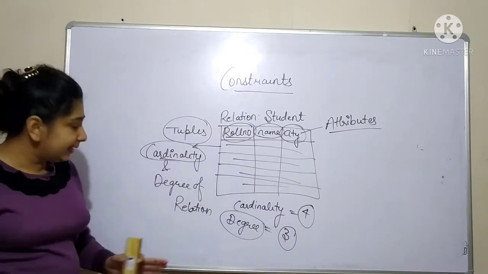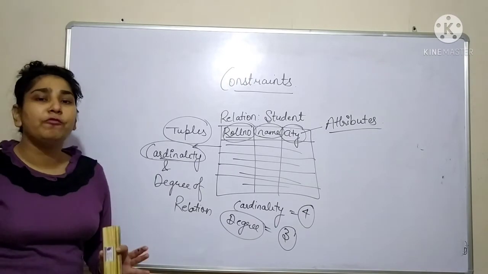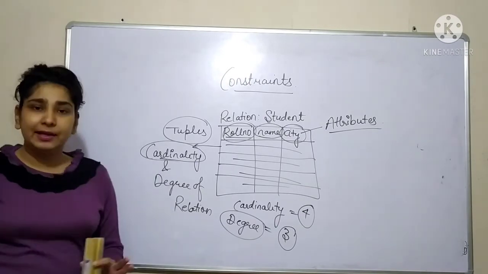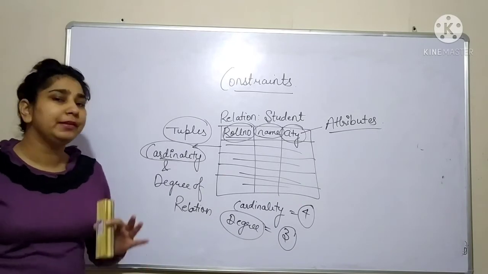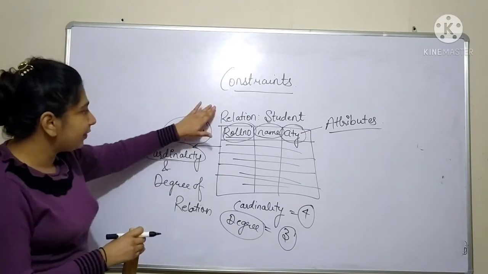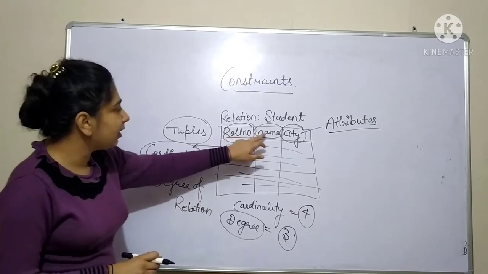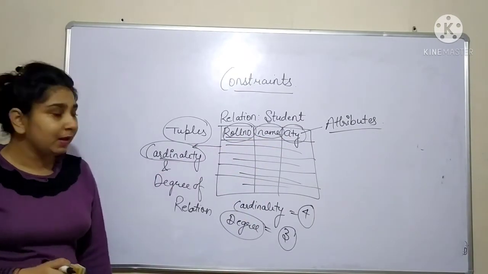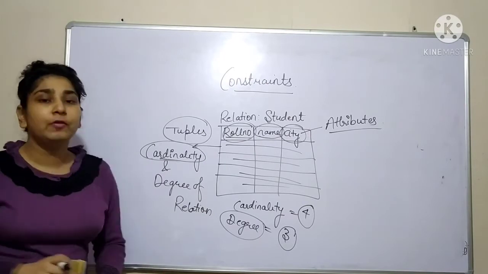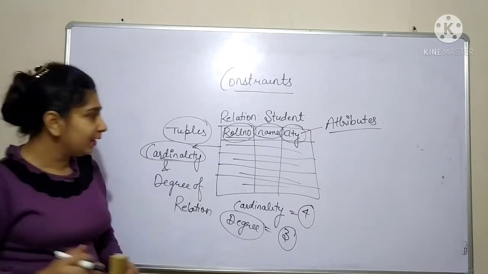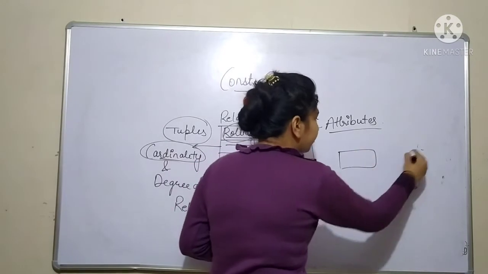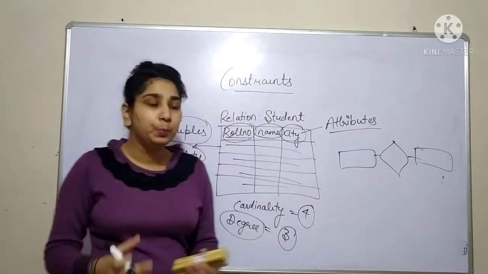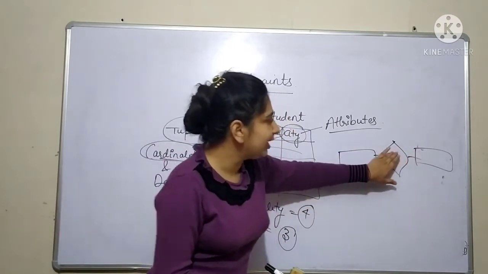We also studied the degree of a relationship. Degree of relation and degree of relationship are different things. Degree of relation means how many attributes you have in your table, and degree of relationship means how many entities are involved in making the relationship.